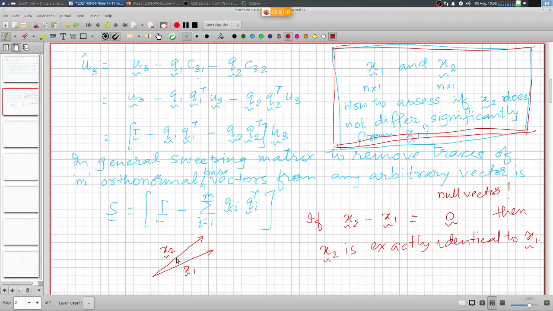And x2 minus x1 is this vector, if you know the force polygon from your applied mechanics course. So this is the difference, the residual R or error, that is equal to x2 minus x1.